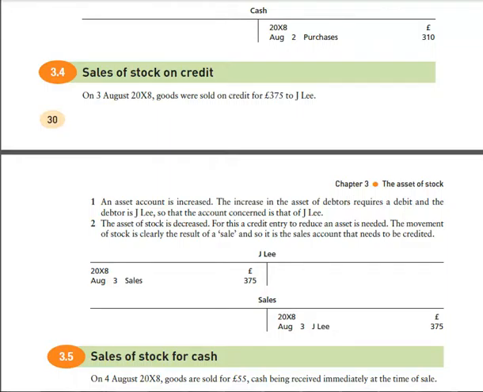A debtor is a person to whom we made a sale but who has not given us money as yet. A debtor is an asset account, so we would debit the asset account, which is the debtor. In this case, it's J. Lee. We would debit J. Lee's account by 375, and we would credit the sales account, because sales means there is a reduction in stock, which means a decrease in asset. Hence we credit the sales account here.